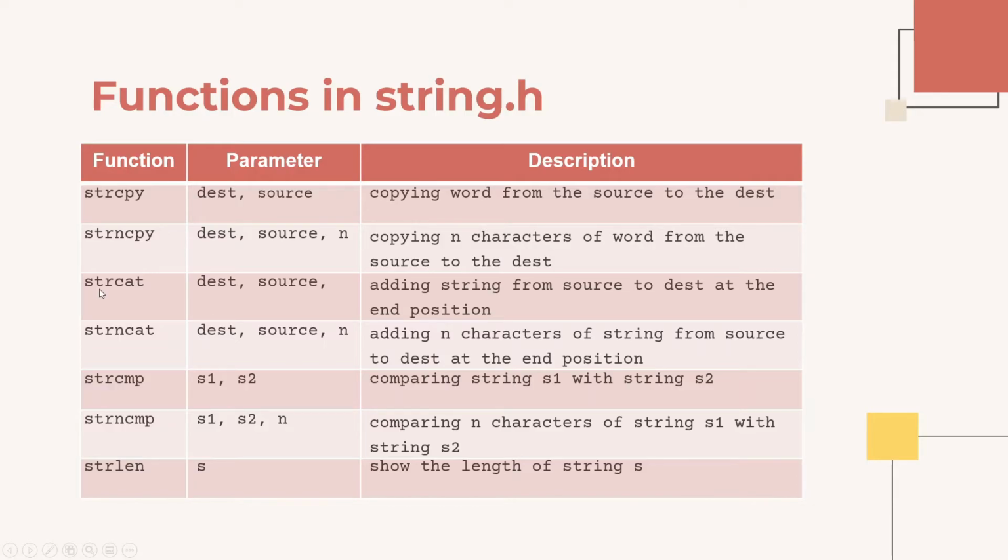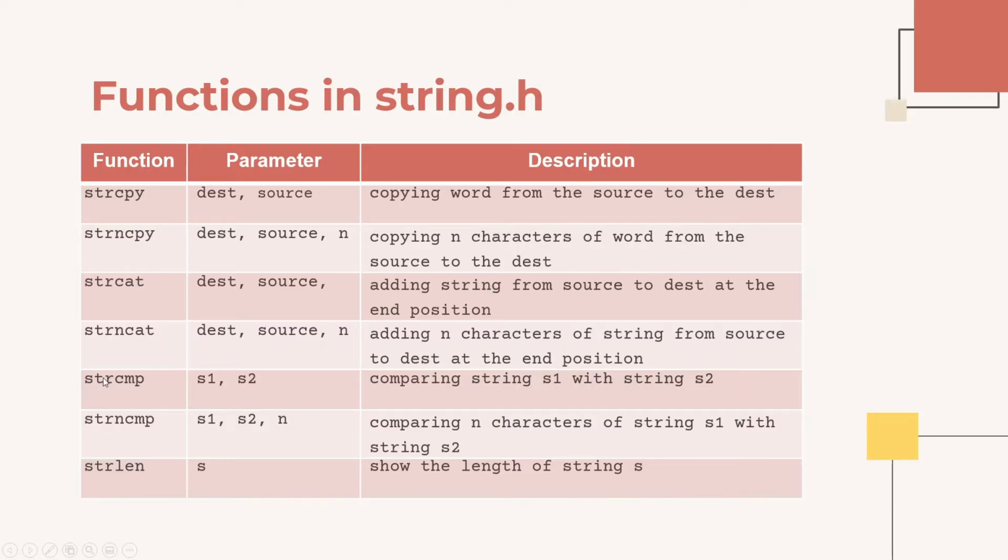And the next function is strcat, and the parameters are destination and source. It is used to add a string from the source to the destination at the end position. Okay, and then strncat, the parameters are destination, source, and n. It is used to add n characters of a string from the source to the destination at the end position.